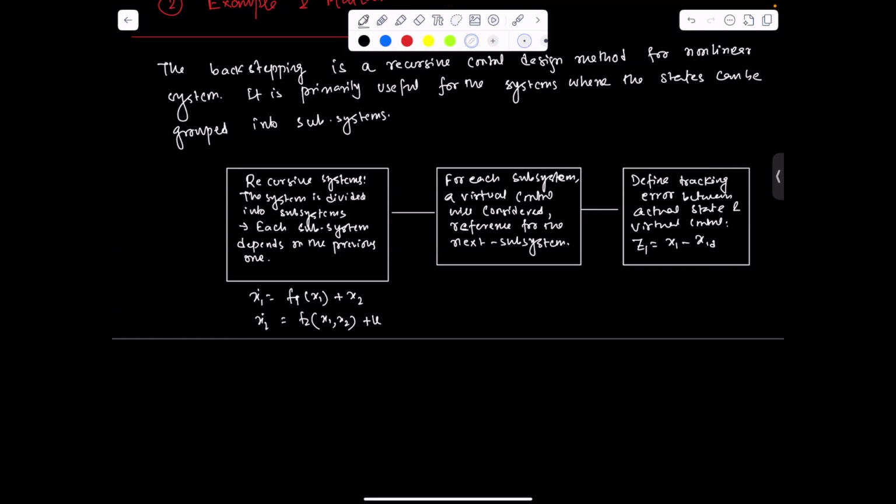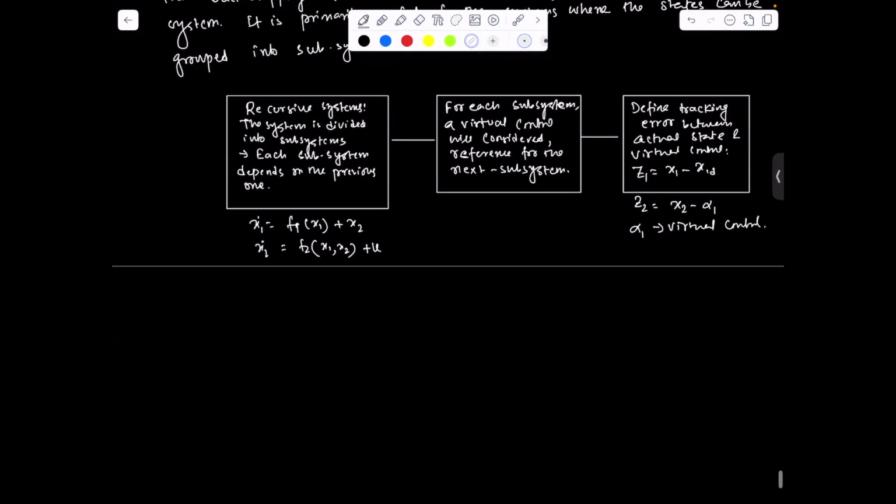This is the error, z1 is the error. And z2, the error for the x2 dynamics, we can write as z2 equal to x2 minus alpha 1. Here alpha 1 will be the virtual control.